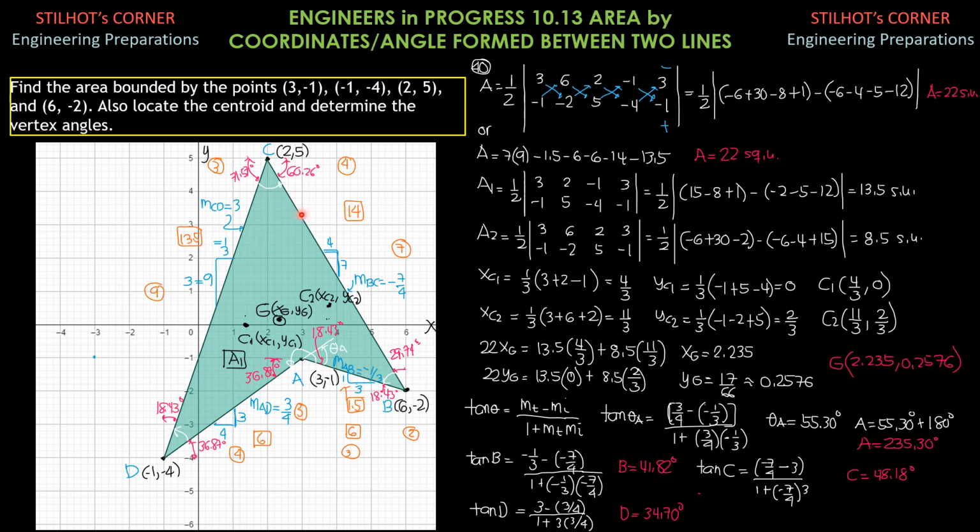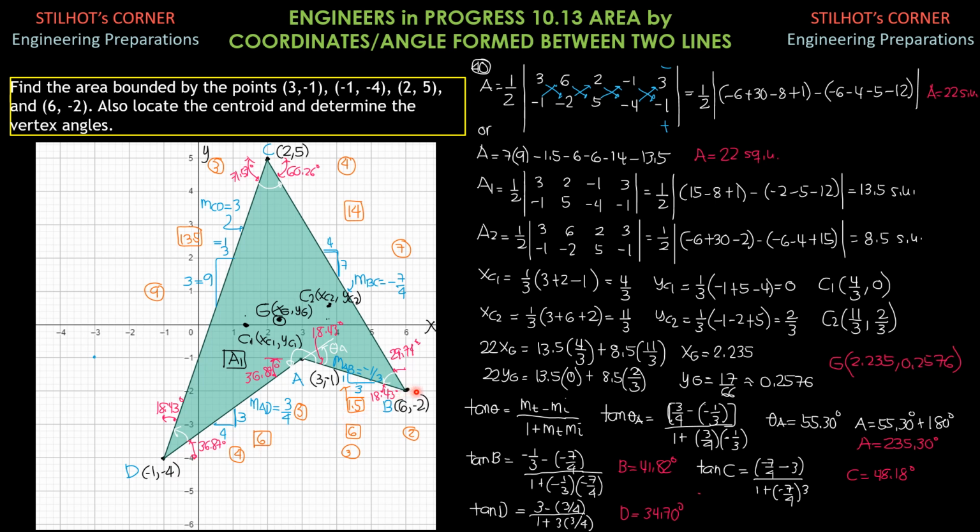Then this right triangle: upper y negative 1 minus lower y negative 4, so positive 3. Then the horizontal distance, right x 3 minus left x negative 1, so 4 units. The area is 1/2 of 3 times 4, so the area is 6.